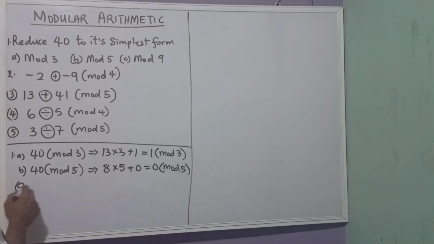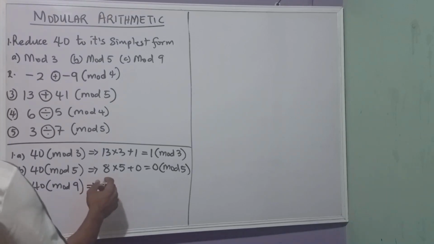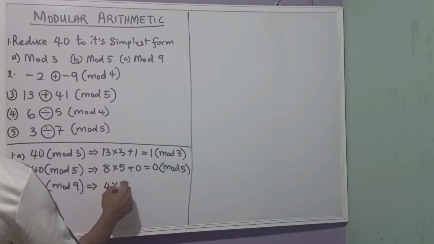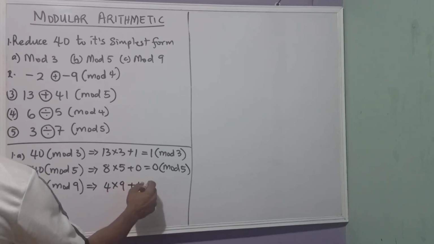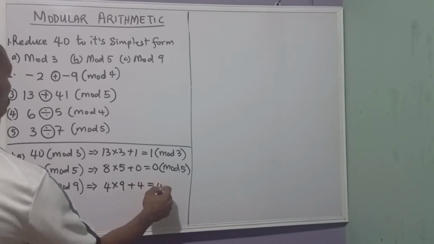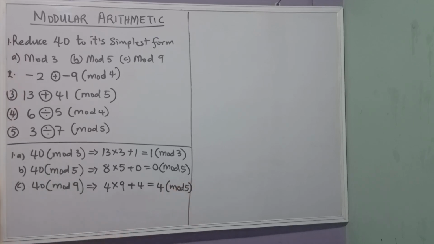Now for C part, we have 40 mod 9. Okay, 9 times 4 is 36. So this becomes 4 times 9, 36, plus 4 gives us 40. So this would be 4 mod 9. Alright, now you can see one number in different mods has different answers.